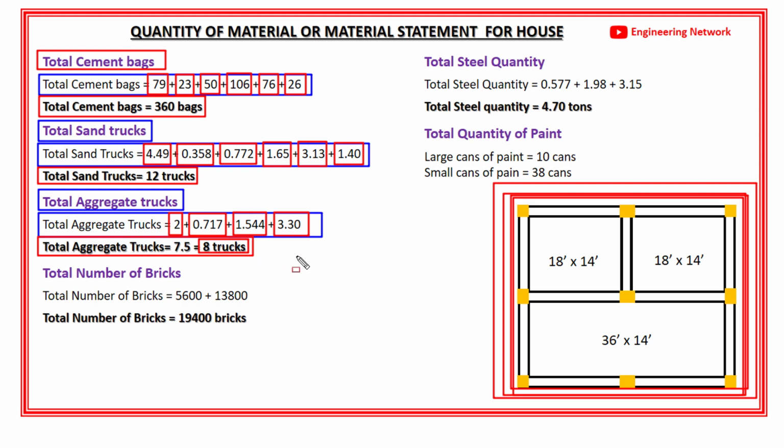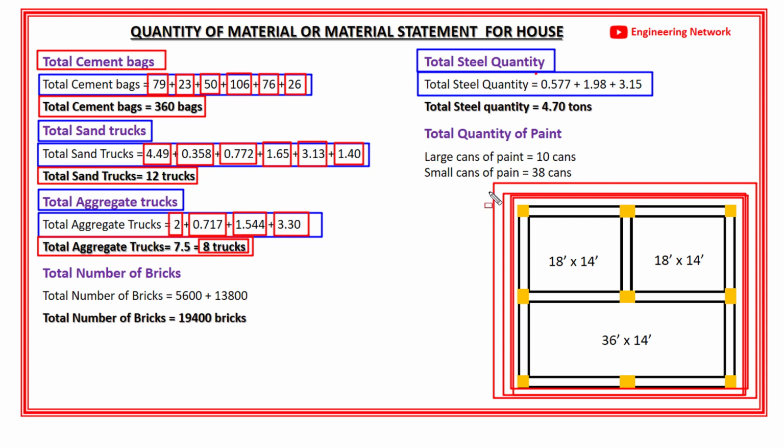Okay. Next is the quantity of steel. So the total quantity of steel in the house is equal to quantity of steel in columns plus quantity of steel in beams plus quantity of steel in slab, right?